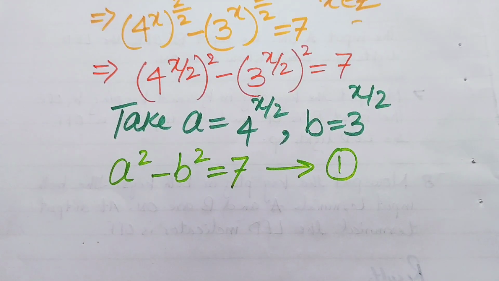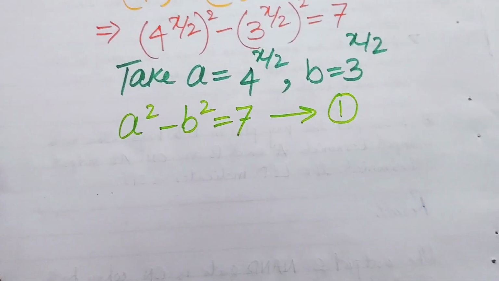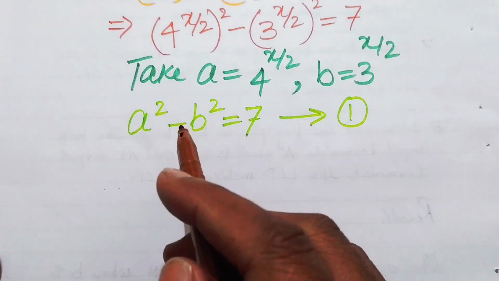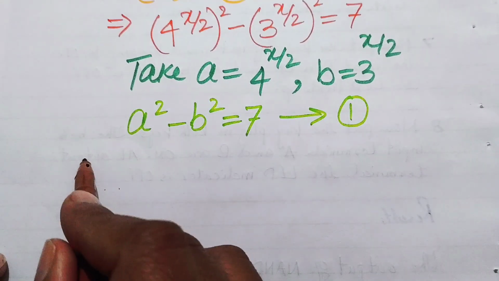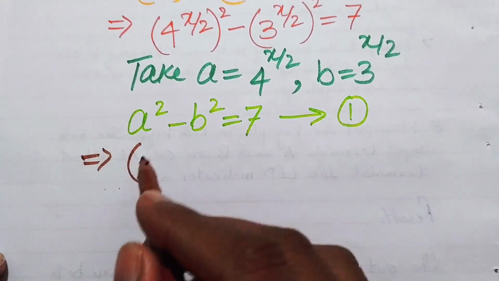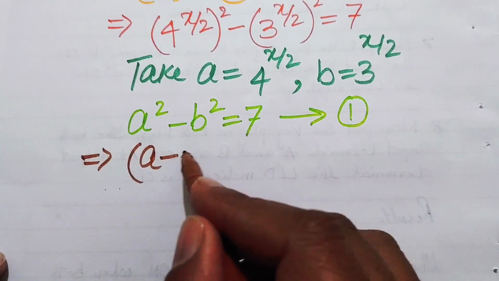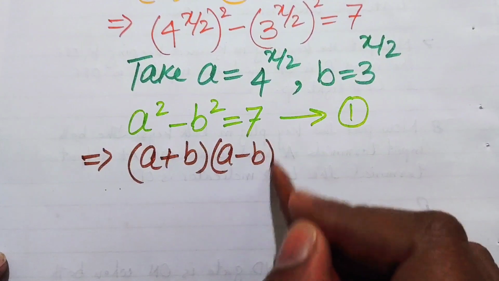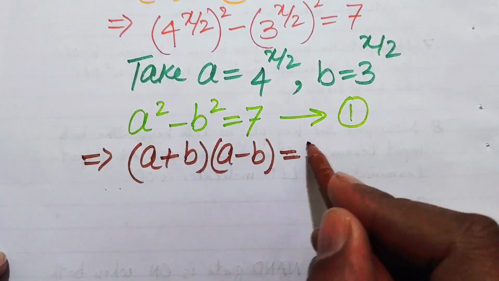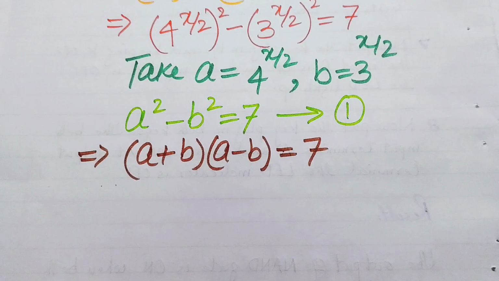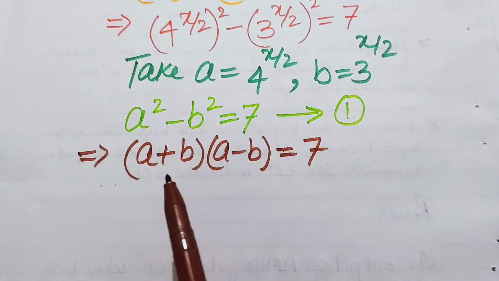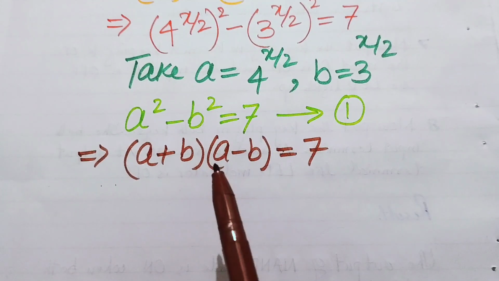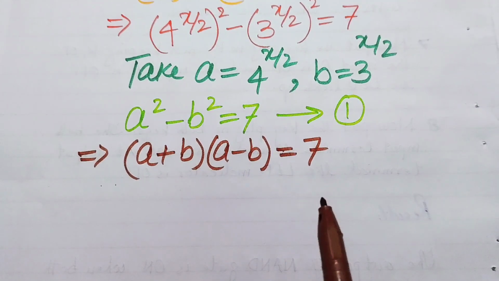Now focus on equation number 1. On the left hand side we use the well-known square identity: a plus b times a minus b equals 7. On the left hand side we have two factors multiplied by each other, and on the right hand side we have only one.